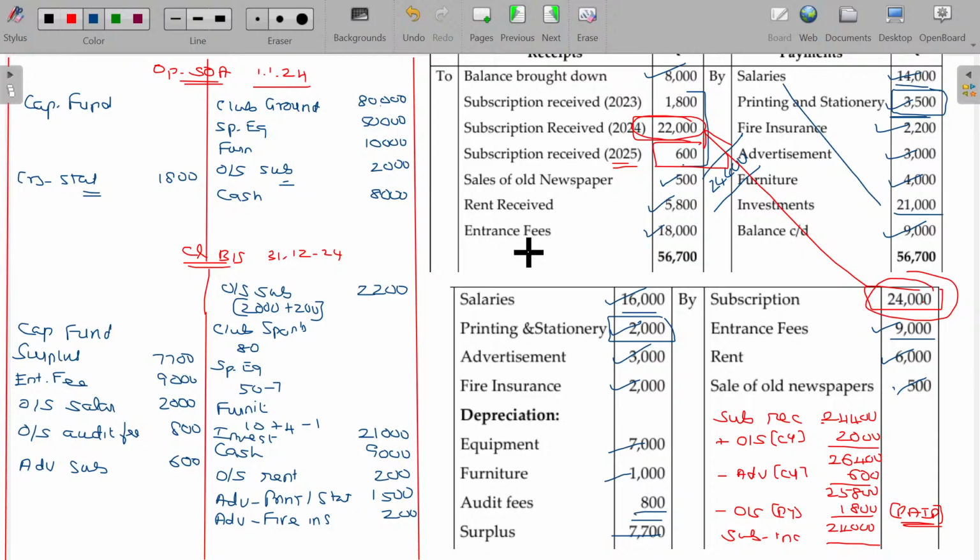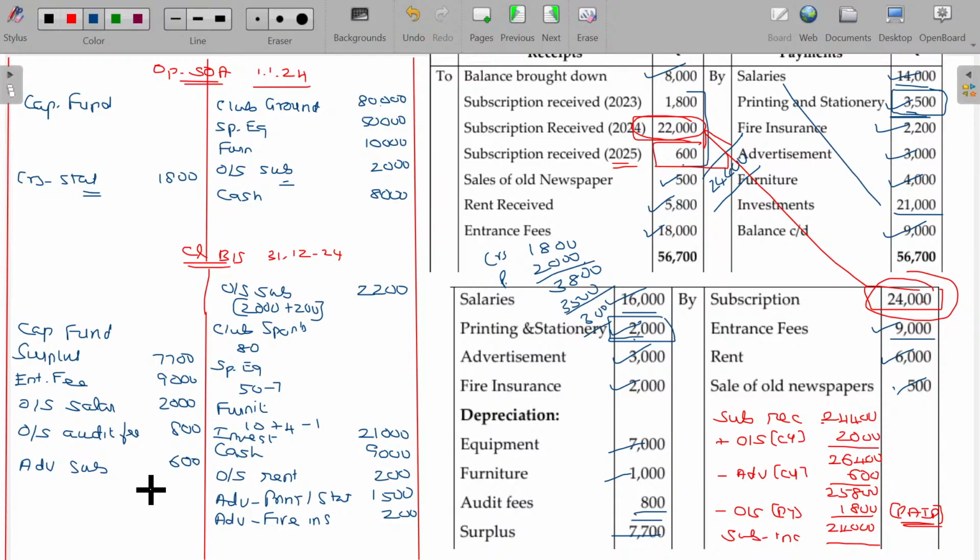What does it mean? 1,800 being the opening creditors and newly purchased stationery being 2,000. 3,800 is the overall amount payable to the creditors. Am I right? Opening creditors for stationery, new purchase of stationery for this period 2,000. So overall amount payable for the stationery being 3,800. But how much we have paid? Only 3,500. Remaining 300 could be payable in the next period.